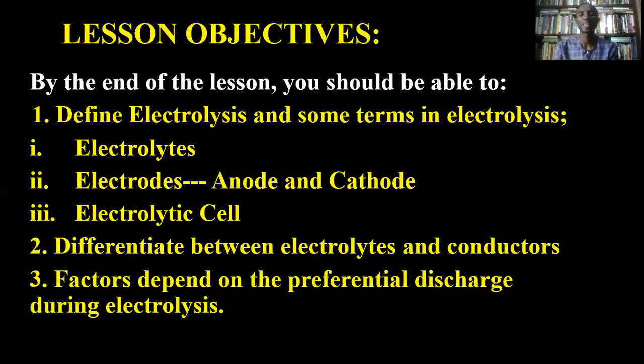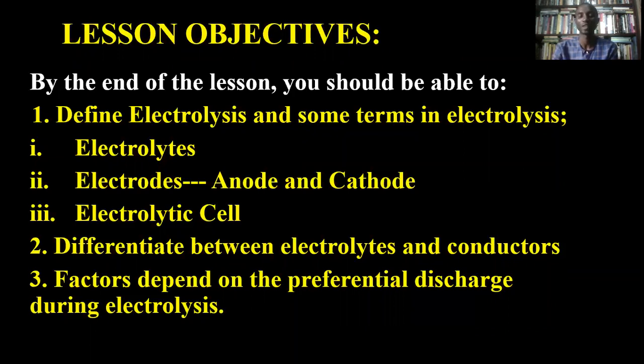It is also expected that by the end of this class, we will be able to differentiate between electrolytes and conductors. Then finally, you will be able to identify the factors that affect the preferential discharge of ions during electrolysis.